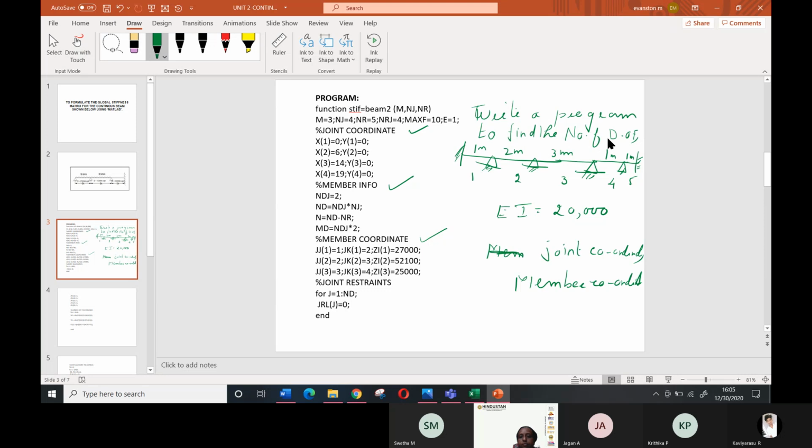So these 3 things. First one is number of degrees of freedom. Number of degrees of freedom means up to this one you have to write n. Then joint coordinate means this part. Then member coordinate means this third part. So first one, second one, and third part.